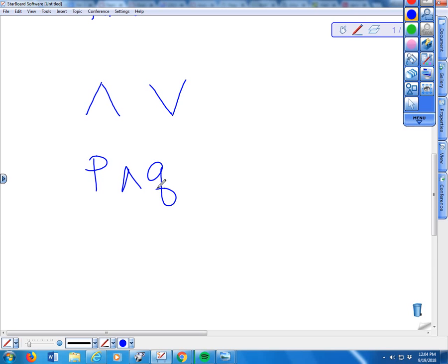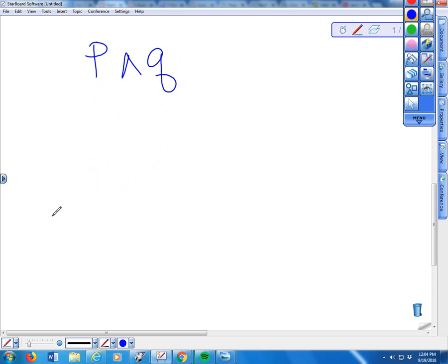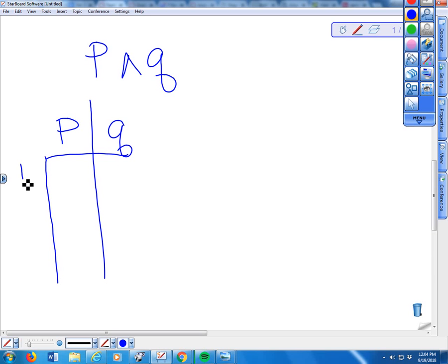If I want to represent P and Q with a truth table, true, false is what I want to do. No, I want to do it here. True, false, true, false.